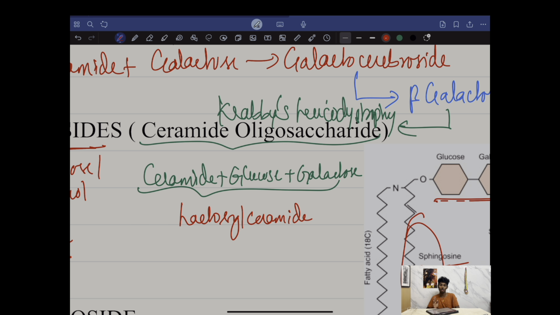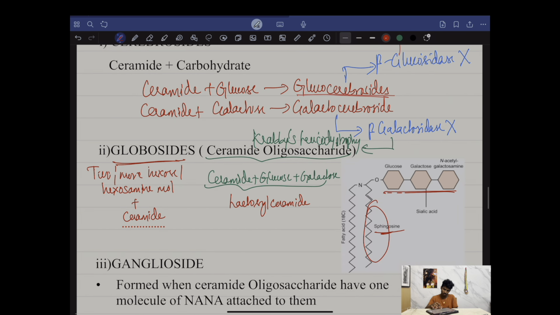So ceramide plus glucose plus galactose is the ceramide oligosaccharide. This is collectively called lactosyl ceramide. Why lactosyl? Glucose plus galactose is nothing but lactose, right? So lactosyl ceramide. Is it clear? So this is all about the globoside.